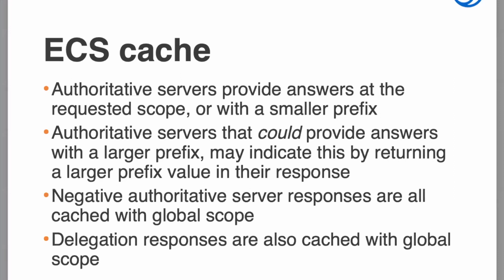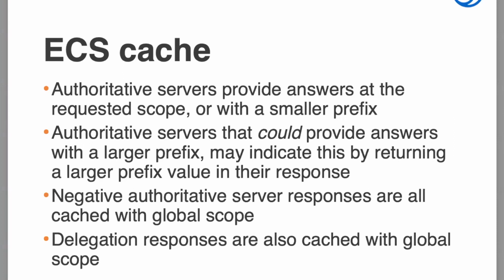NXRRSET is the name that you asked for exists, but not the type of the thing that you queried. These are all cached at global scope. You cannot have this doesn't exist by specific scope. You can only have that by global scope.